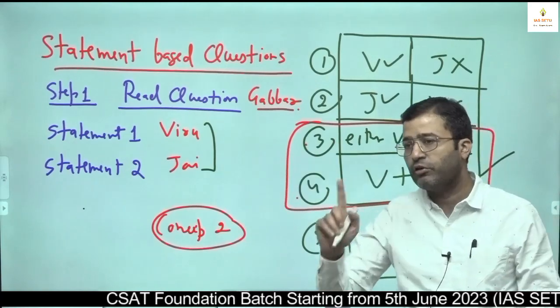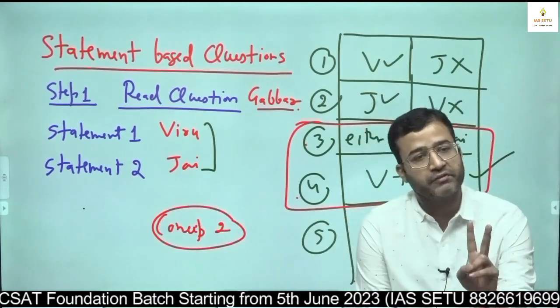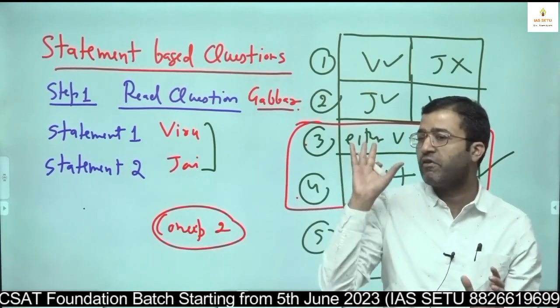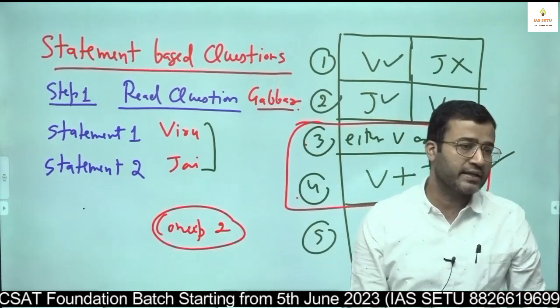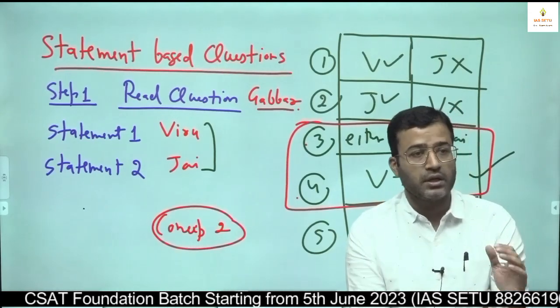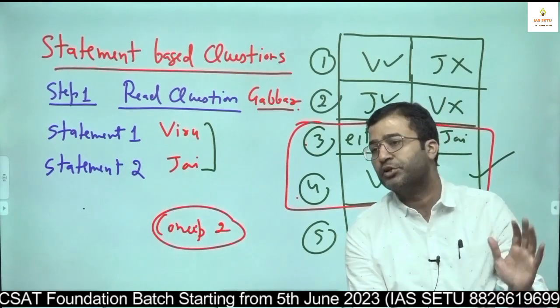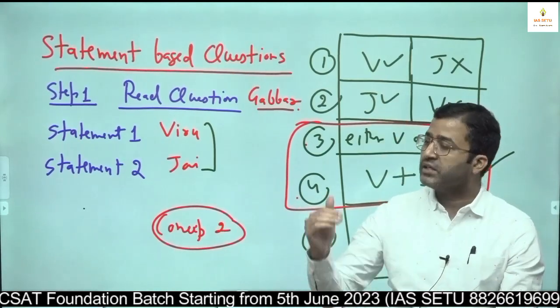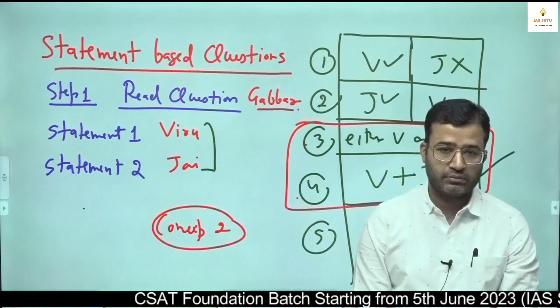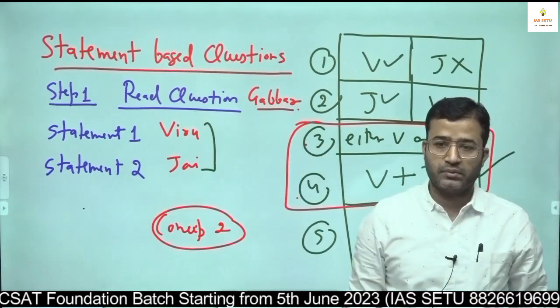I think in one of my classes I have given an idea: there are two representatives in your family, you and your father, and there is a marriage at your relative's place. Depending on the relation, in some marriages you alone are sufficient to represent your family. In some marriages, your father alone is sufficient. There is a family, either you go or your father goes, they are happy.